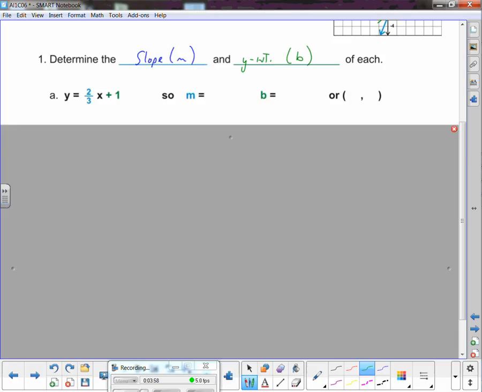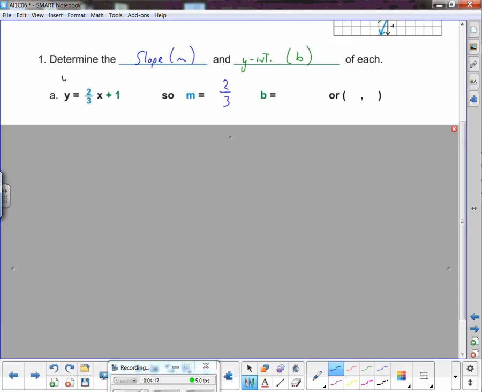Okay, so it doesn't take a rocket scientist to say for A, the slope is? Slope is? 2/3. All right, I'm even color-coded for you, all right? Remember, the slope is the multiplier of the x when it's in the proper form.